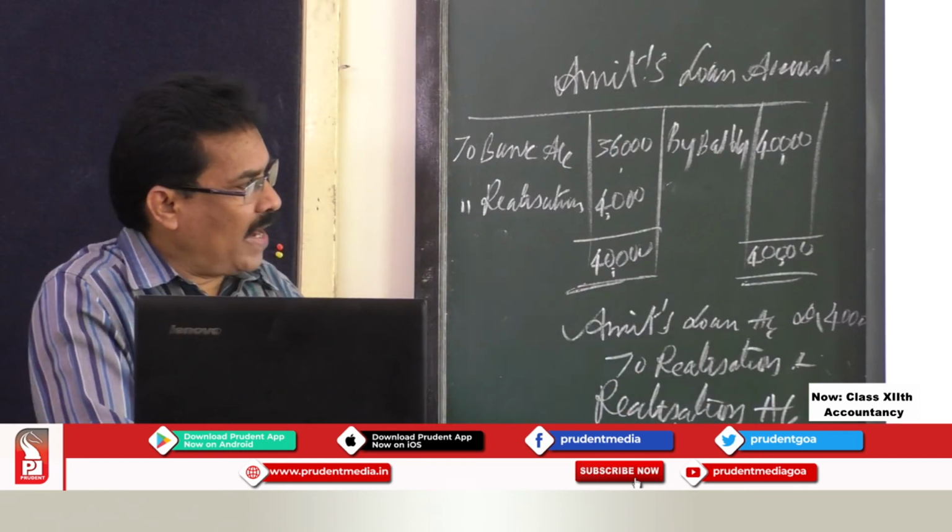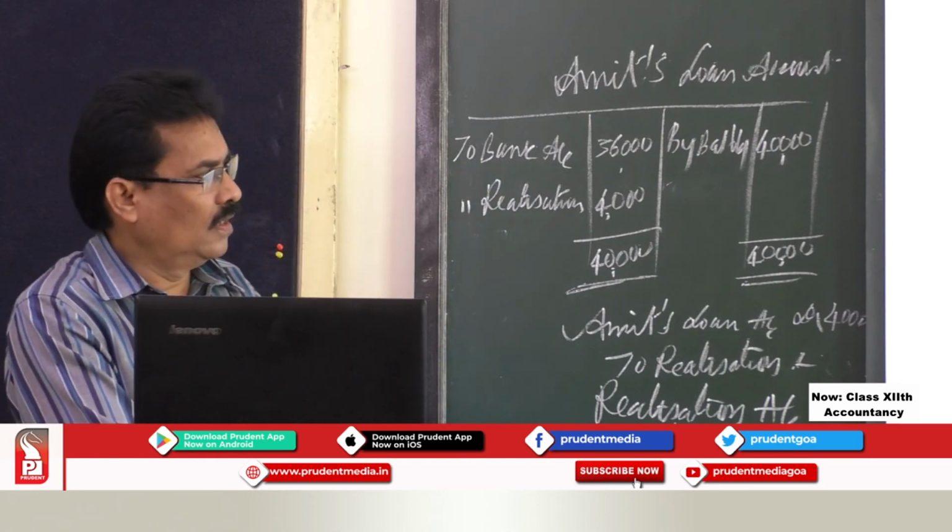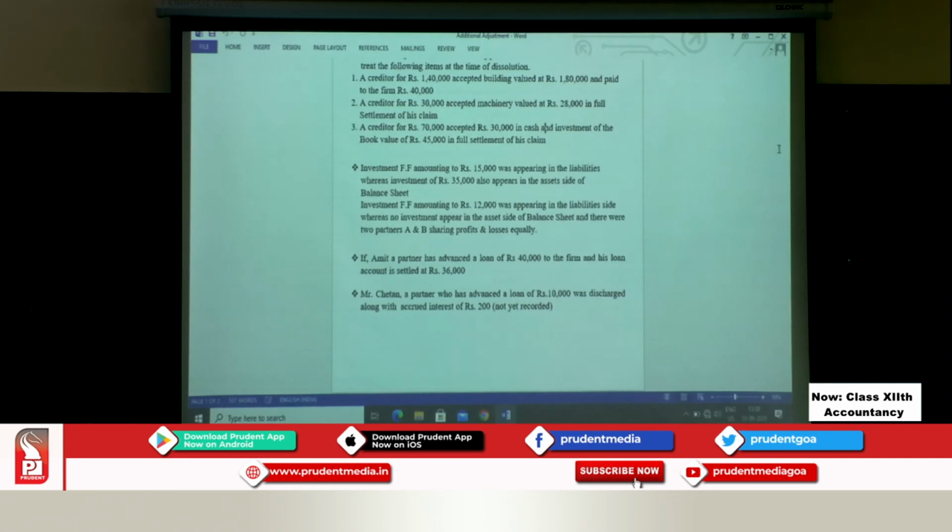Actually, we were supposed to pay Chetan rupees 10,000, but we are paying back to him along with interest of rupees 200. So, the entry in this will be that whatever the 200 rupees extra you are paying is a loss to the firm, that should be debited to realization account. So, in realization account you have to debit Chetan's loan account rupees 200.